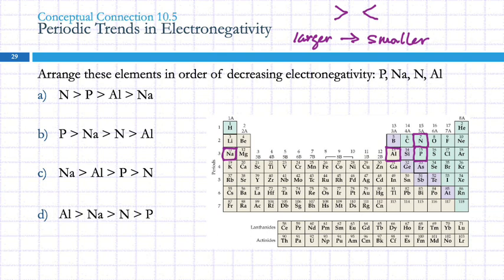So that tells me that nitrogen is going to be the most electronegative. Which one is furthest away? Sodium. Way over here. So sodium's going to be last. And then we've got Al and phosphorus. Phosphorus is closer to fluorine, so phosphorus is more electronegative than aluminum.